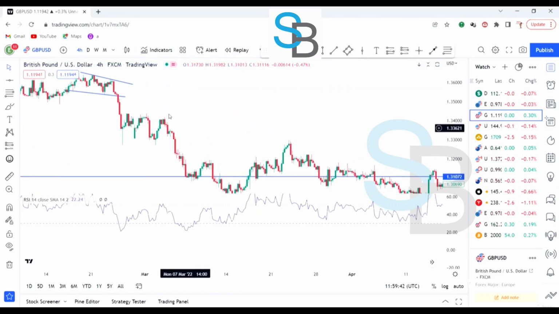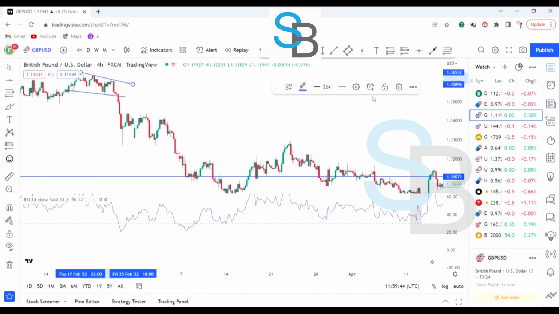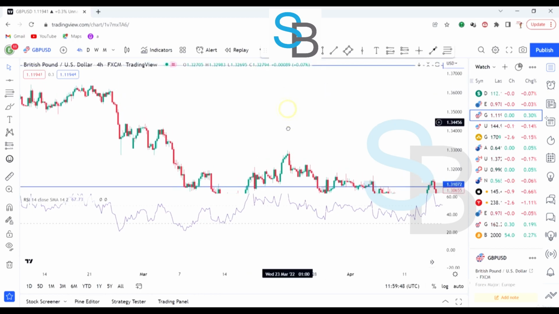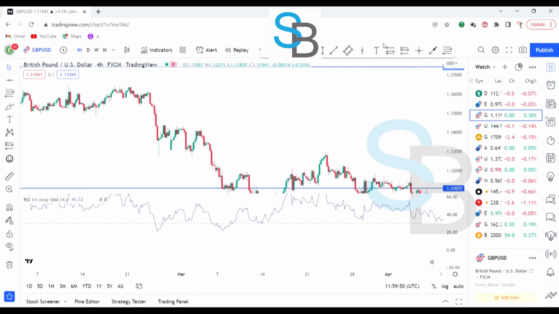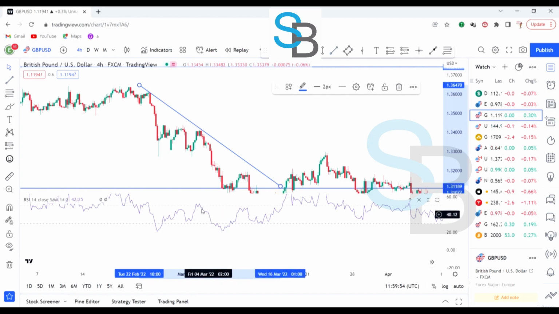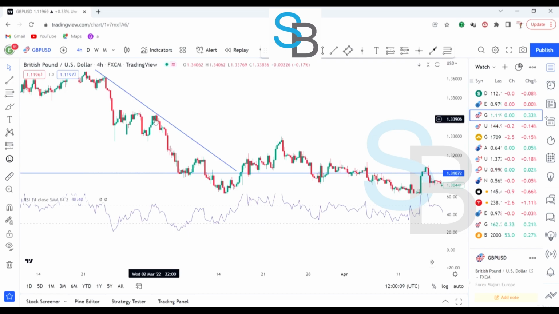Let's say we are in a downtrend like this, and we've observed that we are in a downtrend. When we are in a downtrend like this, at points where the market comes to overbought levels, we tend to get more confidence of re-entering in the direction of the trend.